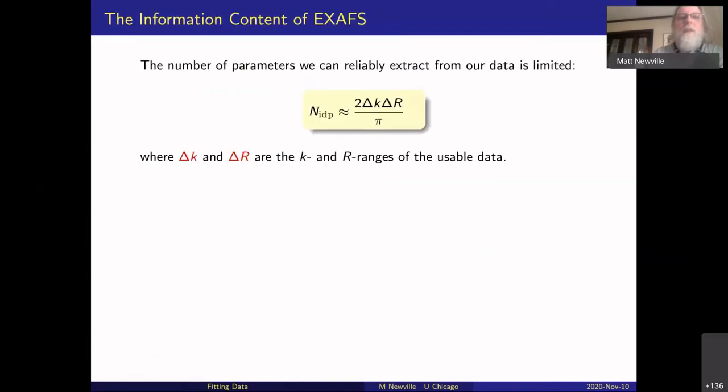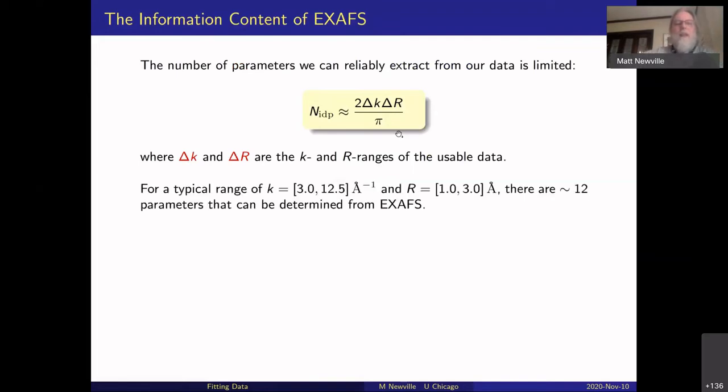Okay, so the number of parameters that we can reliably extract is the number of independent points in the spectrum. It's about 2 times the k range times the r range over pi. This used to be controversial. I will tell you that it's not controversial. This is right. It's simple signal processing.